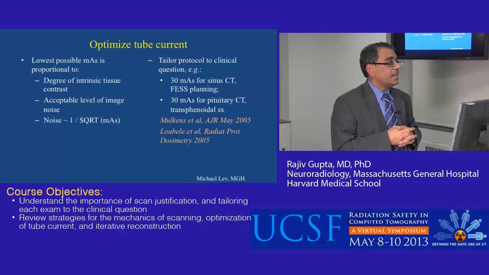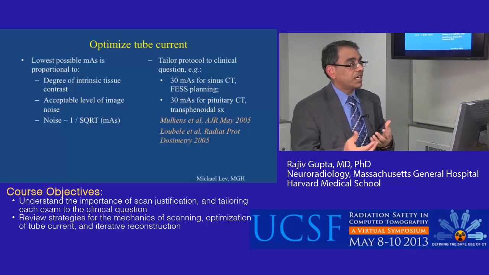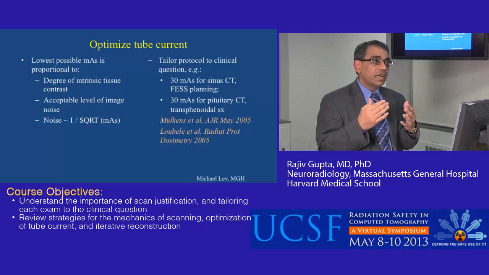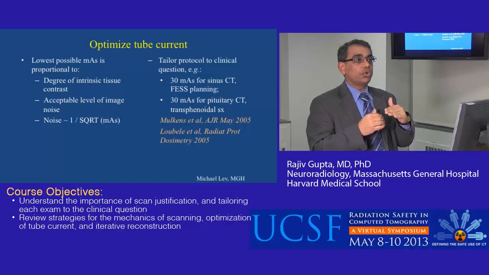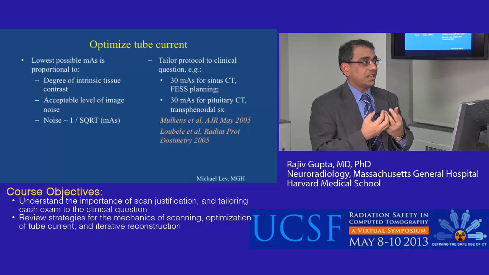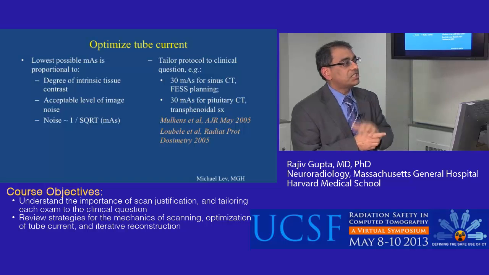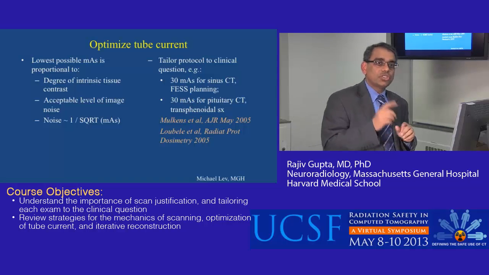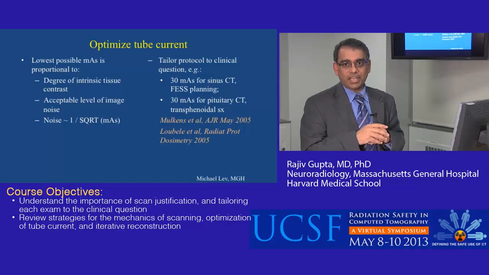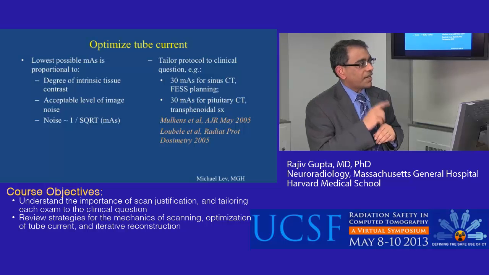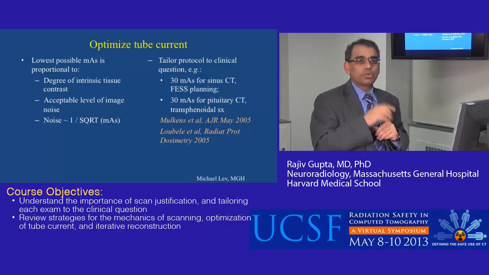Okay. An acceptable level of image noise, again the same concept: if you want to minimize the noise, the amount of quantum mottle that is there in the image, then you have to increase the mA value. But it turns out that the image noise is not directly proportional to the mAs. In fact, it is proportional to the square root of mAs.